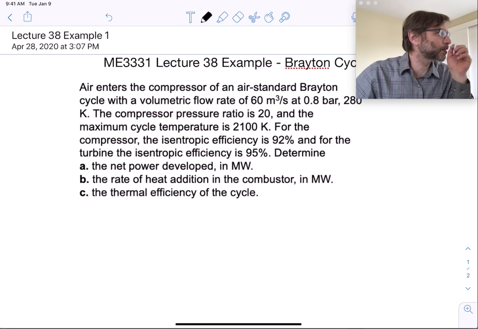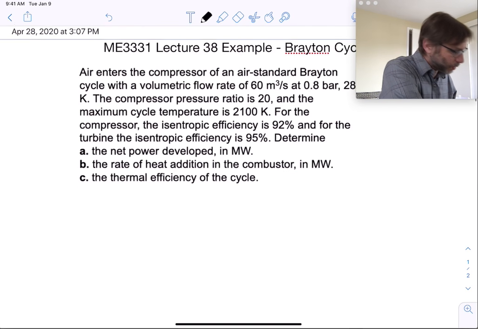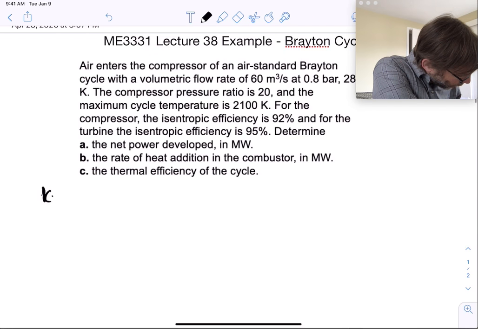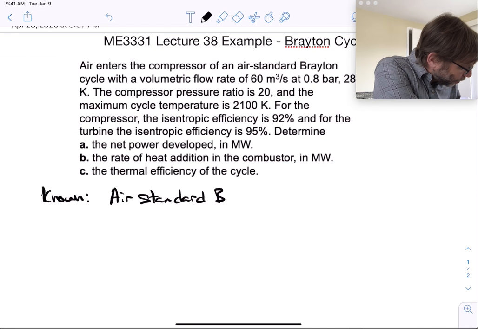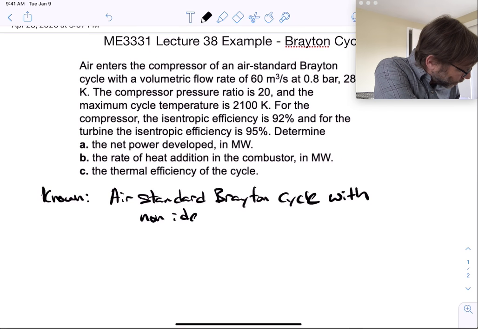Okay, so we can do this, no problem. So let's go here. What we have here is an air standard Brayton cycle with non-ideal turbine and compressor.